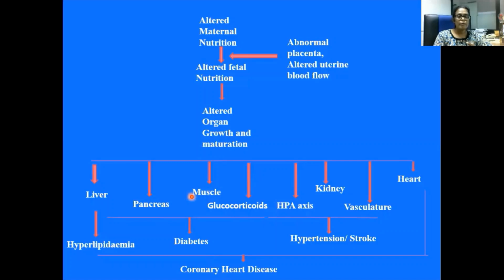At birth, the baby may be small and without any complications as such. In fact, these babies thrive better because they're already in a bad situation, so they survive better in certain circumstances, right? However, when they grow up, they will end up having hyperlipidemia, diabetes, hypertension, stroke, and coronary heart disease.